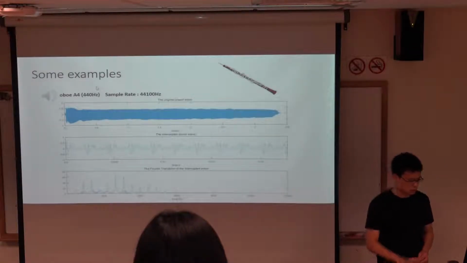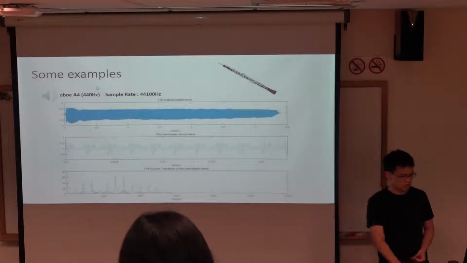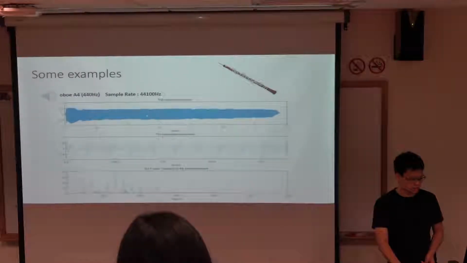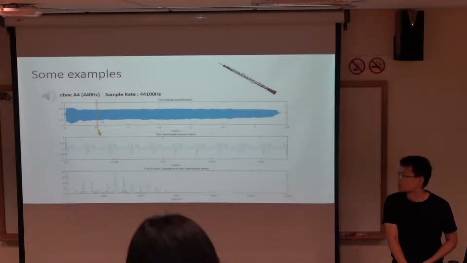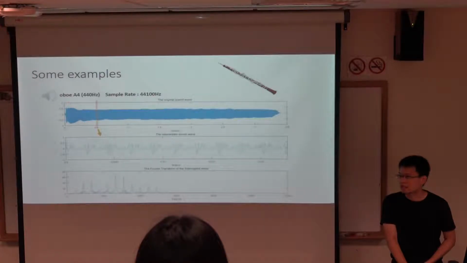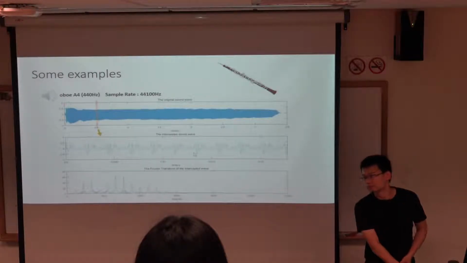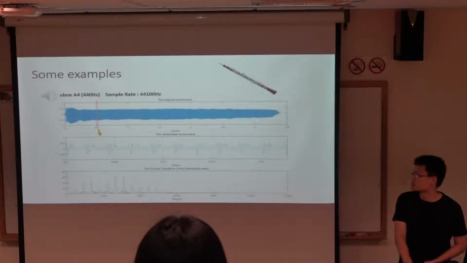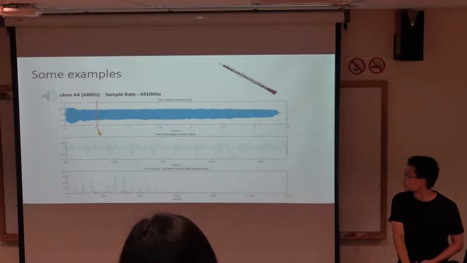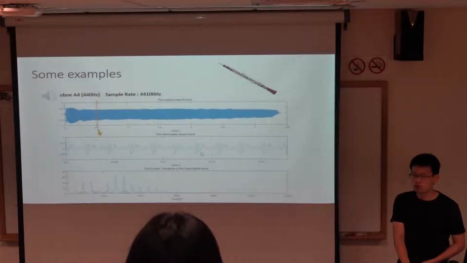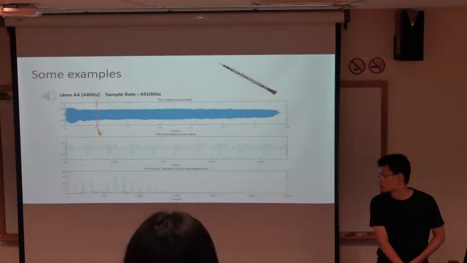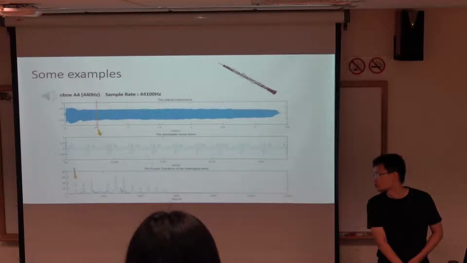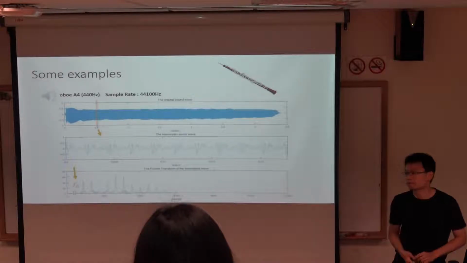This is an oboe sound, and if we intercept a very little period here, it will give us a waveform like this, right? And if you conduct DFT on this intercepted waveform, then the spectrum will be like this. So F0 is this, the lowest frequency.